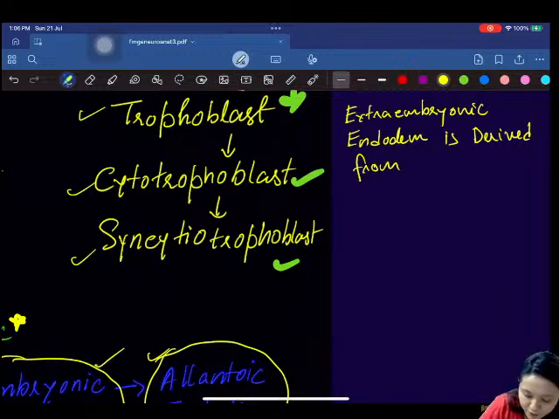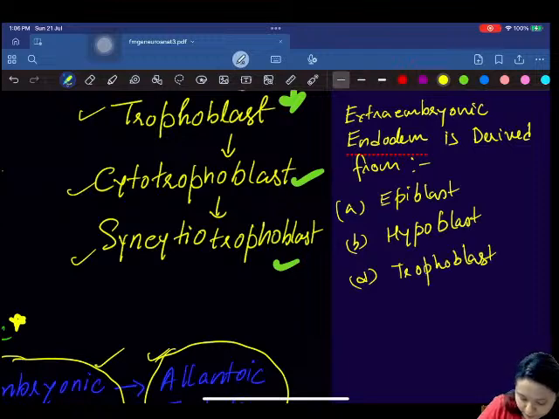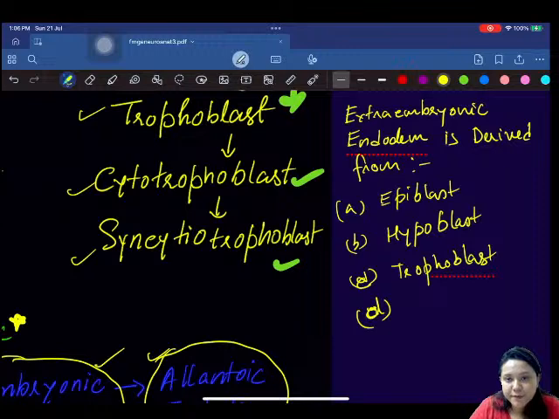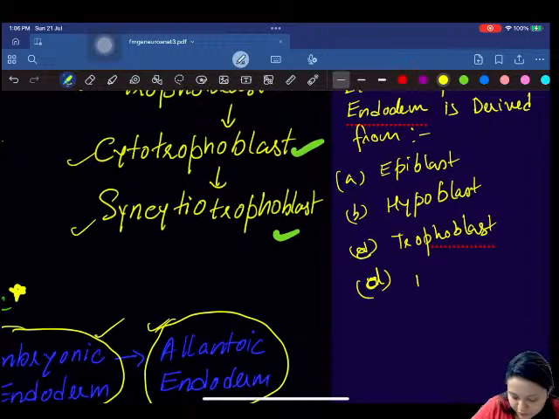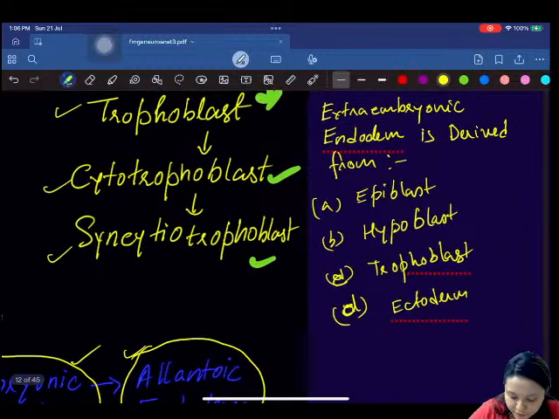So they will give the options as epiblast, hypoblast, then they might give you trophoblast as well, or they might give you some other options like ectoderm, just as an extra option. Now you know that these are completely wrong.